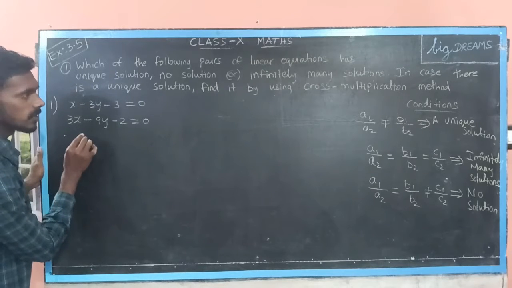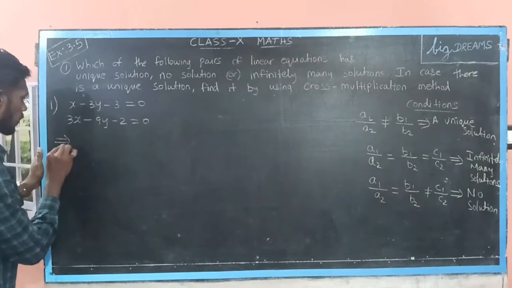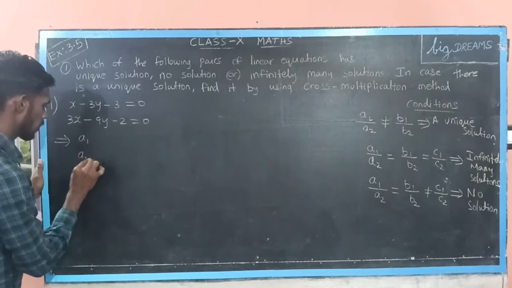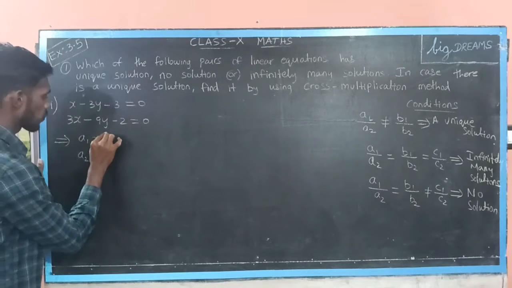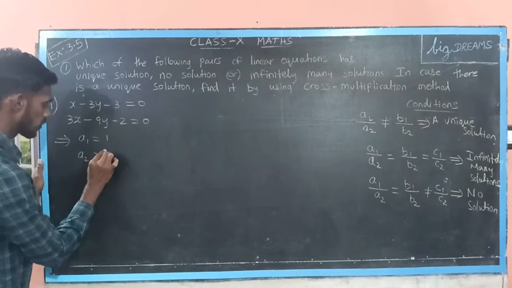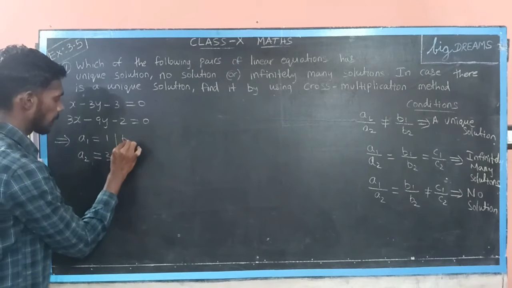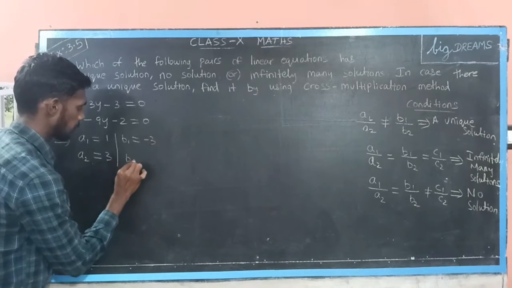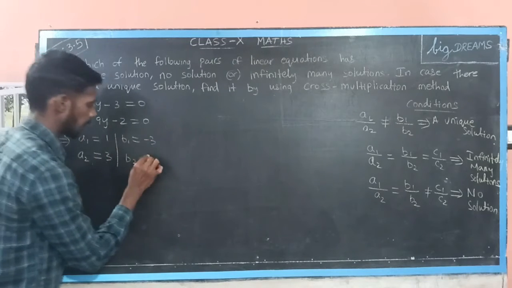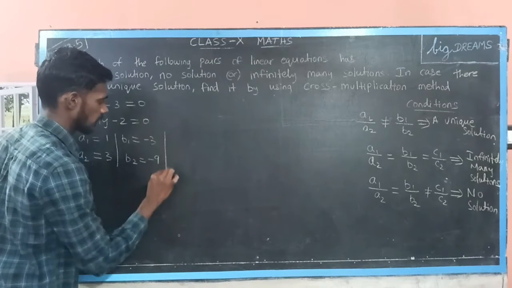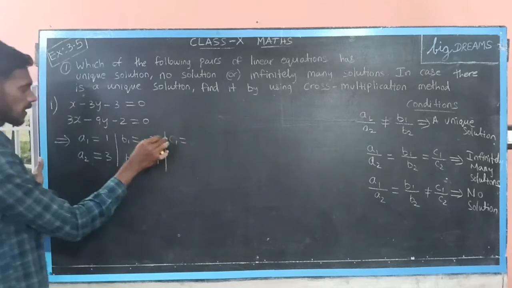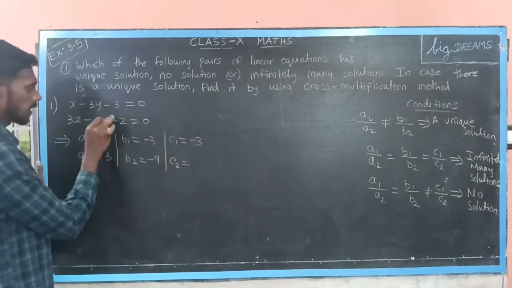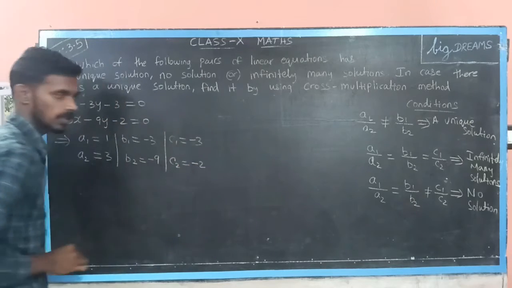First pick out the values of a1, a2, b1, b2 and c1, c2. a1 is 1, a2 is 3, then b1 is minus 3, b2 is minus 9, then c1, the constant in the first equation, is minus 3, and c2, the constant in the second equation, is minus 2.